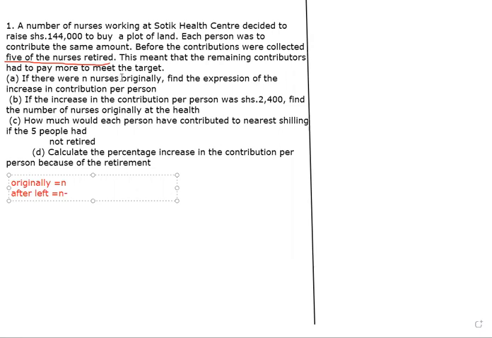So if there were n nurses originally, so we start, originally there were n. And in every situation where people work, some people normally decide to go in the opposite direction. So 5 decided to leave.